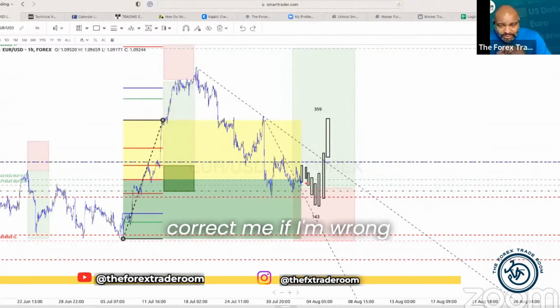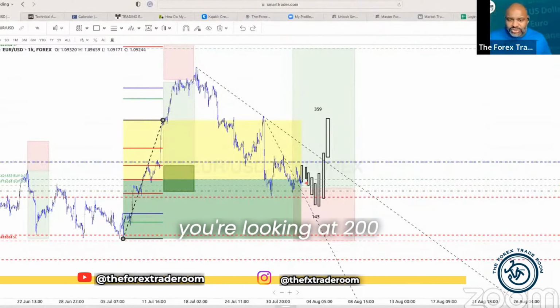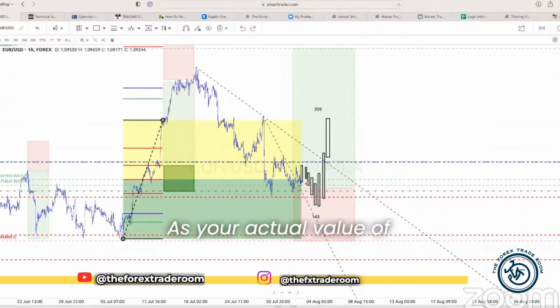Benny, correct me if I'm wrong on that statement. But if it's $4,000 and the max drawdown is 5%, you're looking at $200. Correct. As your actual value of the account.